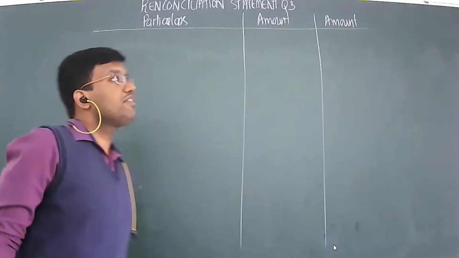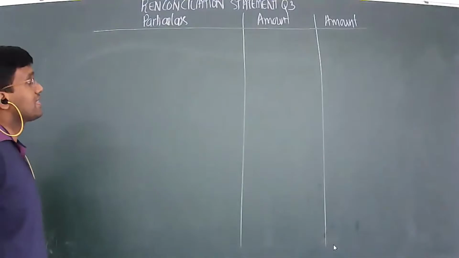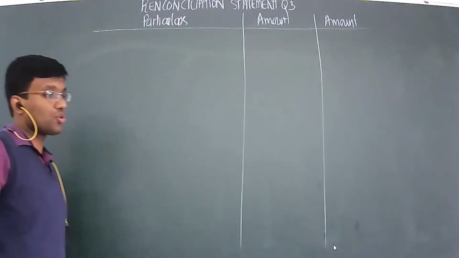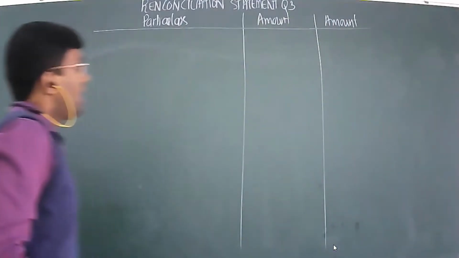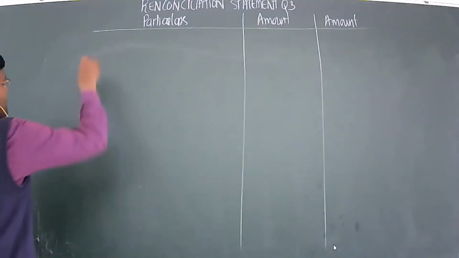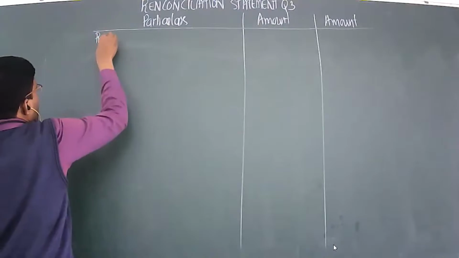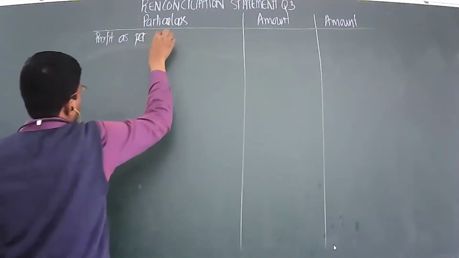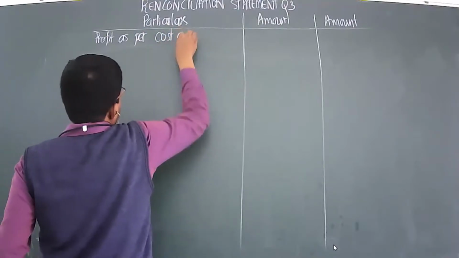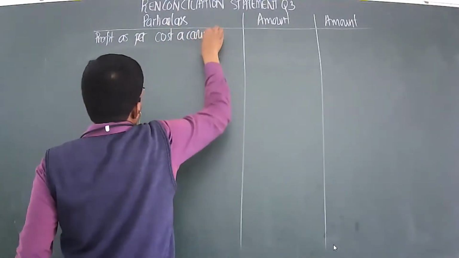Okay, we prepared the format of the reconciliation statement, and let's go about with the preparation of the reconciliation statement now. What has been given to us is profit as per cost accounts.